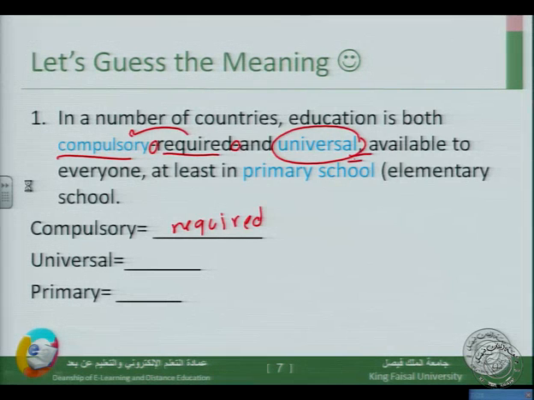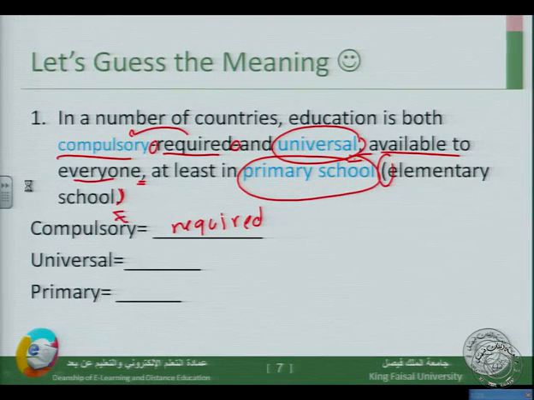You will say we have a comma, two commas, available to everyone means universal. If I ask you about the third colored phrase, primary school, you will tell me that we have a parenthesis. Excuse me, right here. So we have two parentheses. So primary school means elementary school.